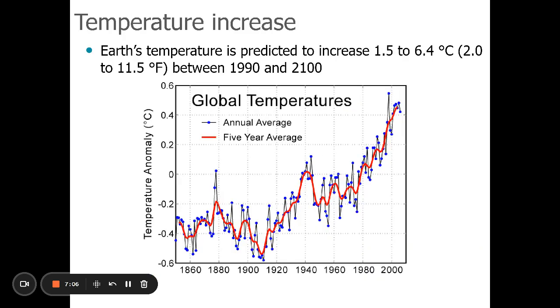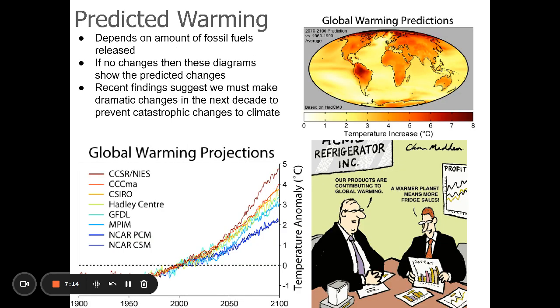What is going to happen in the future depends on lots of things. One important thing depends on what we do, because there are different scenarios. This graph kind of shows those various scenarios. We could do nothing and just keep burning fossil fuels at the rate we currently are. That's sort of the worst case scenario.